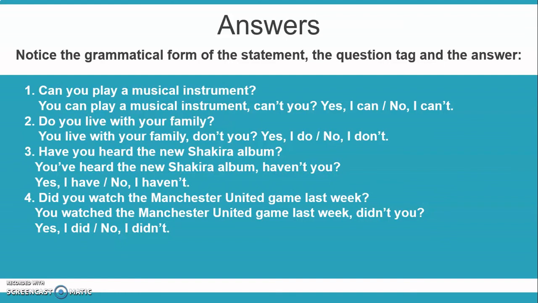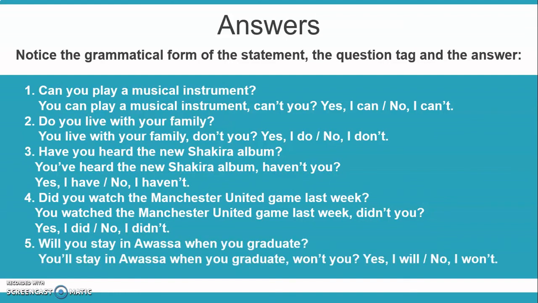You watched the Manchester United game last week, didn't you? Yes, I did. No, I didn't. Will you stay in Hawassa when you graduate? You will stay in Hawassa when you graduate, won't you? Yes, I will. Or no, I won't.